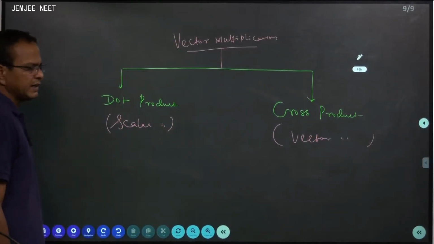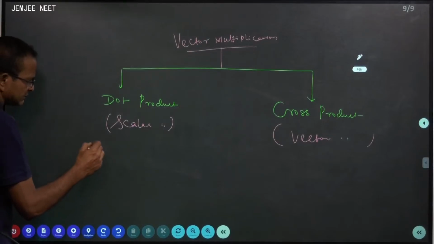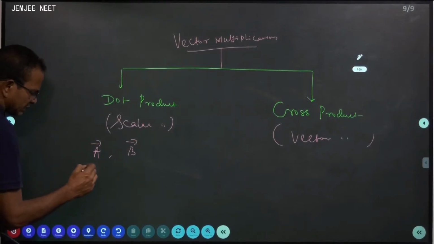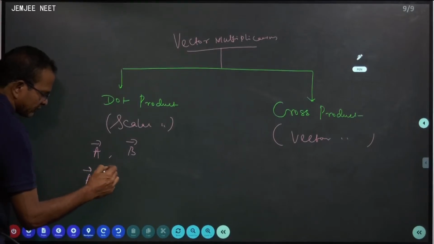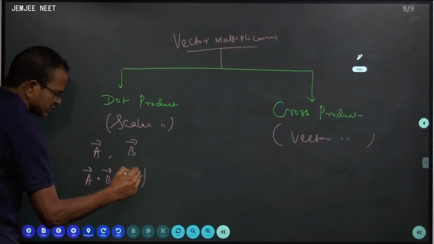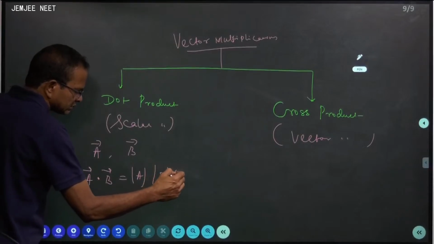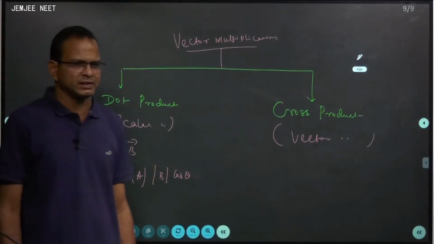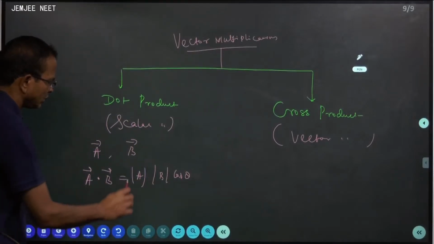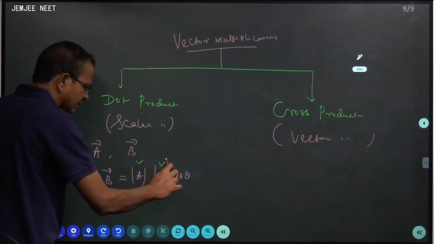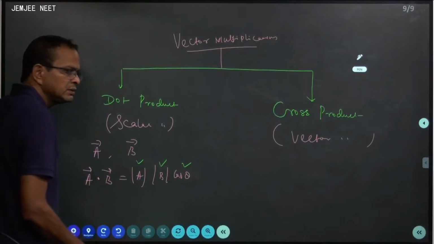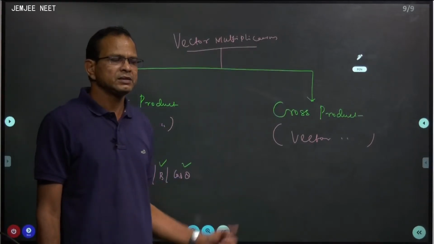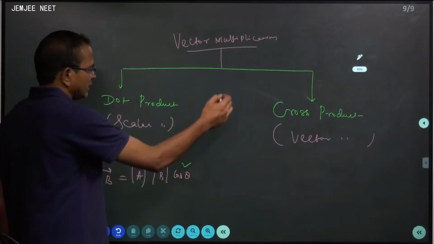So here, the rule: this is A vector and this is B vector. A vector dot B vector is simply A modulus B modulus cos theta. Modulus is scalar, cos theta is scalar, therefore the answer is a scalar. This is the story of dot product.